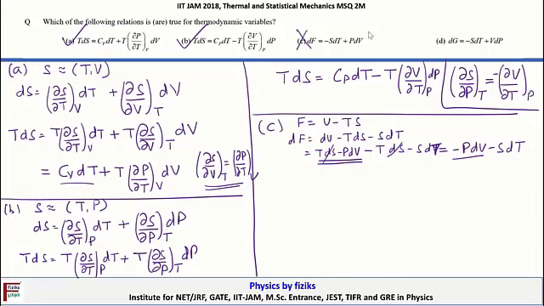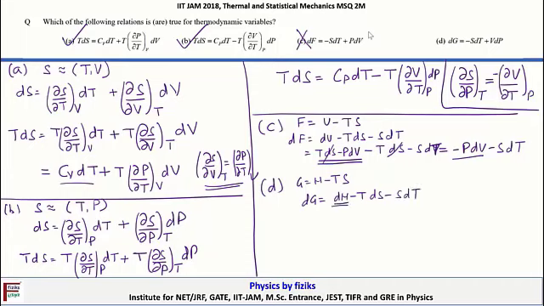Okay, now what about option D? Let's see, it is dG. G is equal to H minus TS, and as we did in the previous question, a small change in G is equal to dH minus TdS minus S dT.